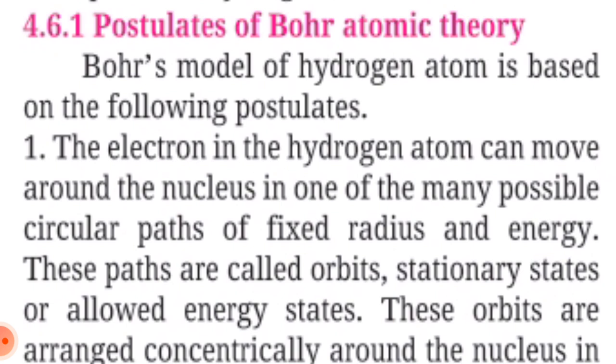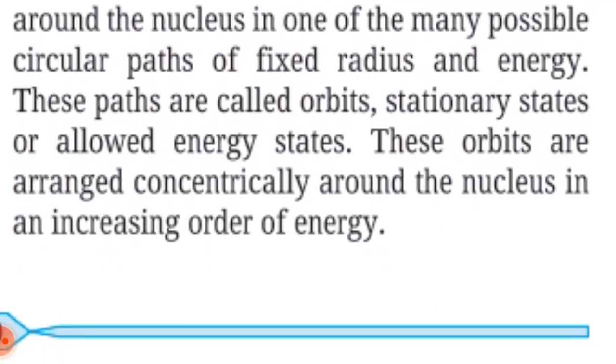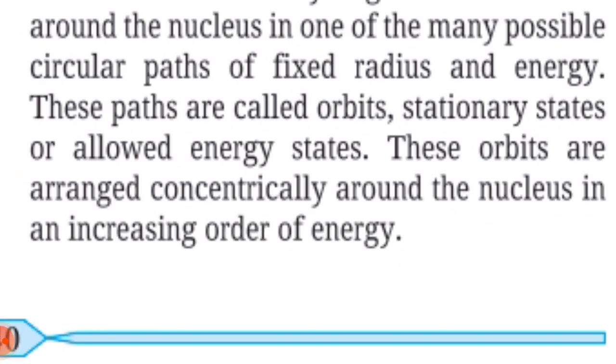First, the electron in the hydrogen atom can move around the nucleus in one of the many possible circular paths of fixed radius and energy. These paths are called orbits, stationary states, or allowed energy states. These orbits are arranged concentrically around the nucleus in an increasing order of energy.